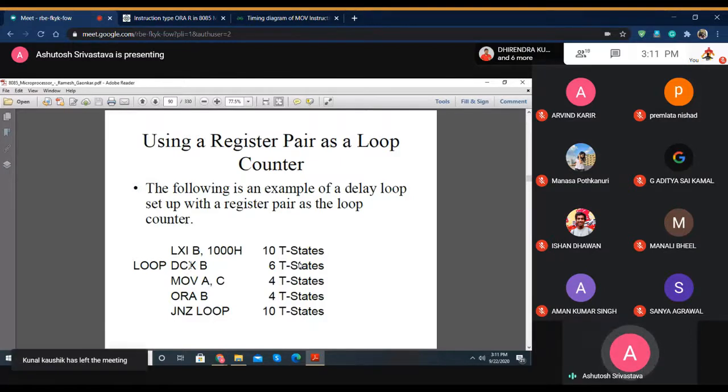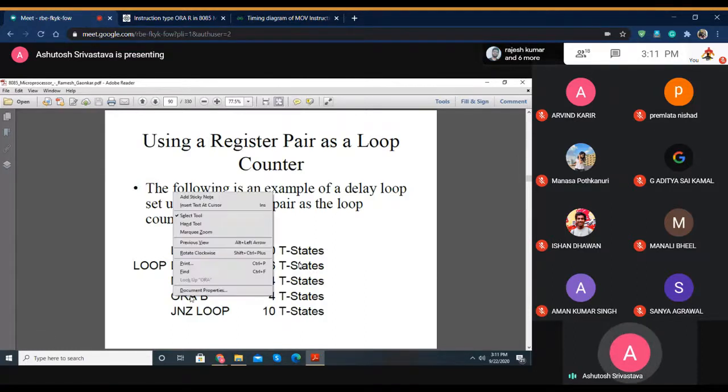So DCX takes 6 states, MOV A comma C takes 4 states, ORA takes 4 states. Remember, all ORing and ANDing operations happen in your accumulator only. So what does this statement mean? Anybody? ORA B?